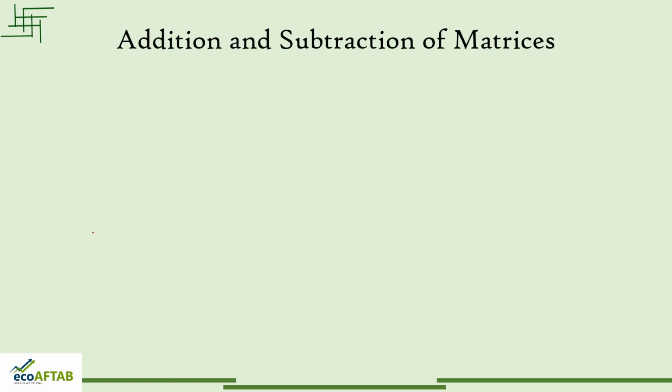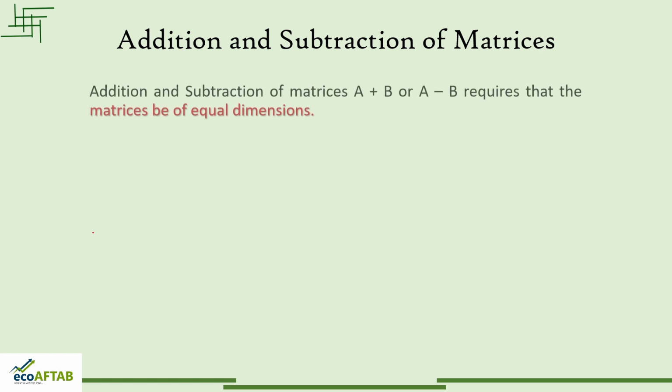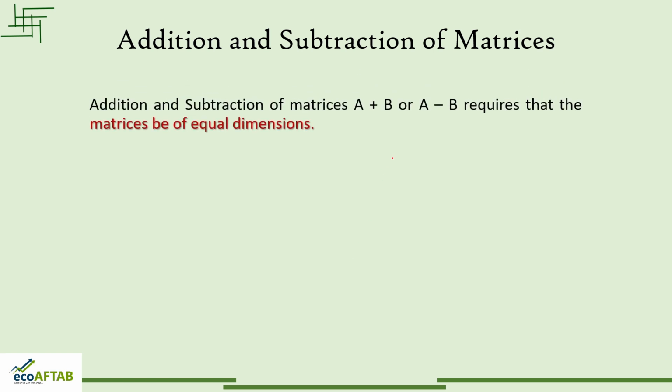So what do you mean by addition and subtraction of matrices? Addition of matrices means matrix A plus matrix B, or subtraction of matrices means matrix A minus matrix B. Here one very important condition is that the matrices should be of equal dimension.